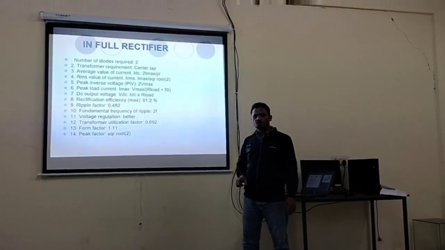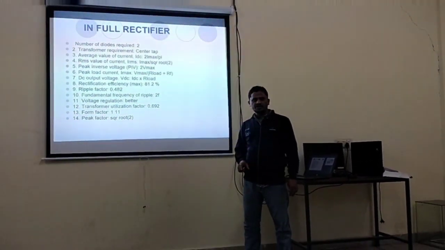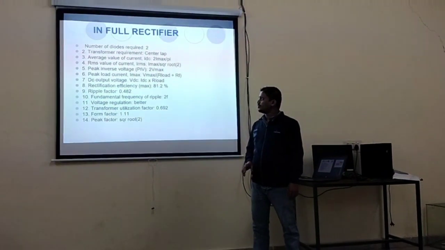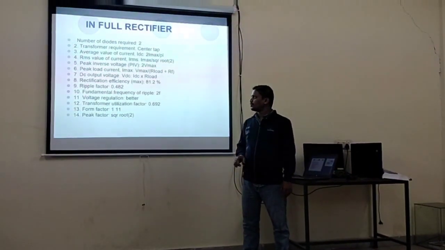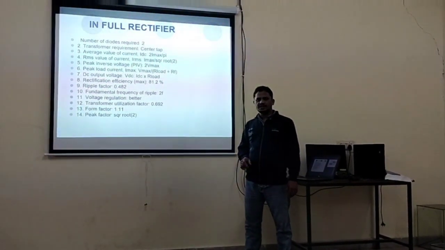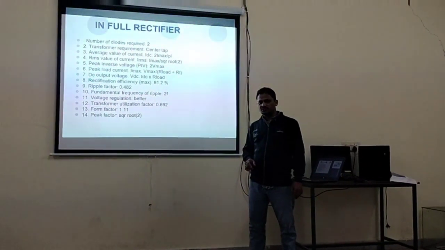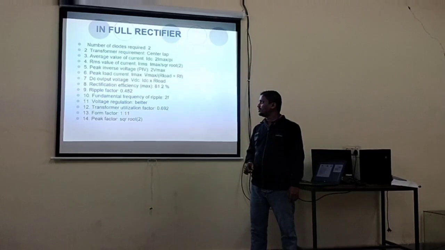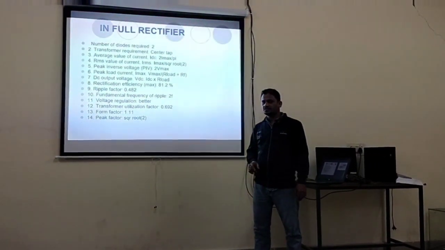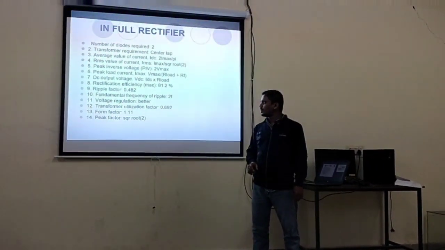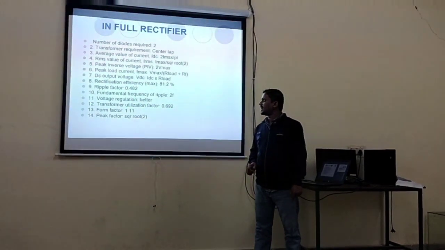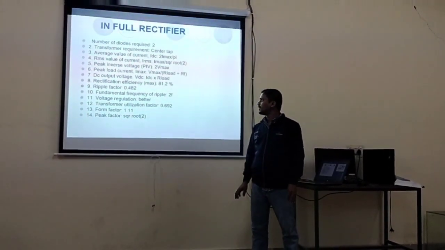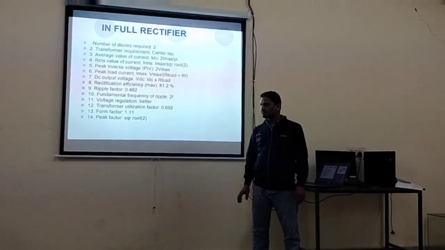So the total summary of the center tap full wave rectifier: first, the number of diodes is 2. Second, the transformer requirement is a center tap step down transformer. Third, the average value of current, IDC, is 2Imax by pi. Fourth, the RMS value of current, IRMS, is Imax by root 2.